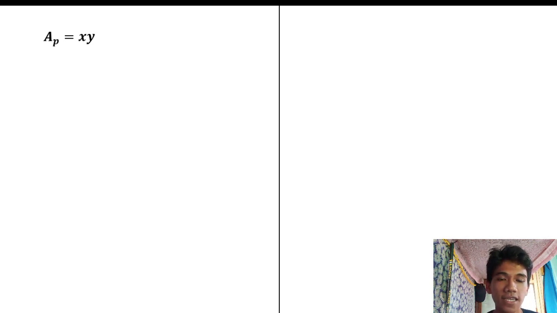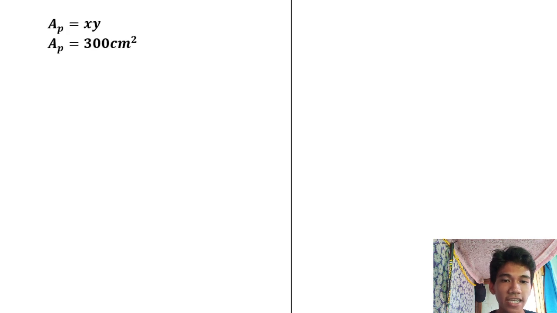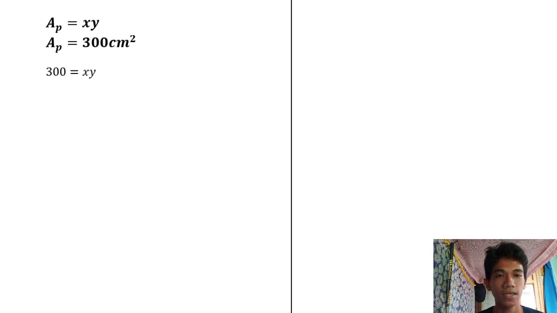The total area of the picture is 300 centimeter square. To come up with this area, we just multiply both sides, x and y.